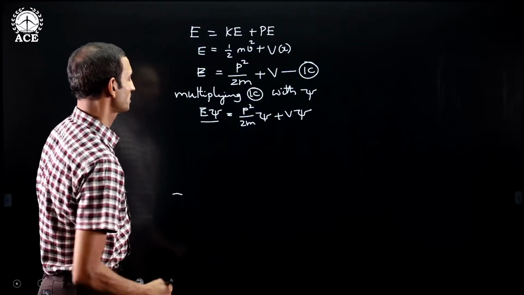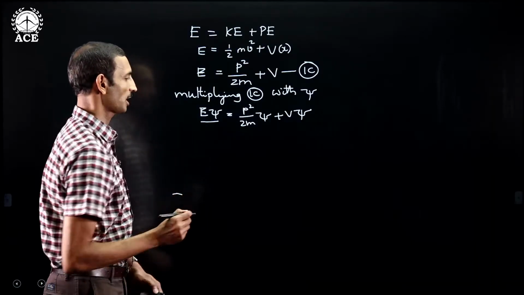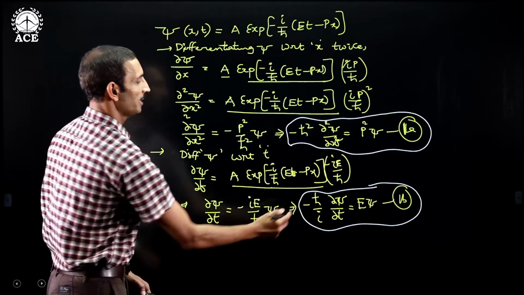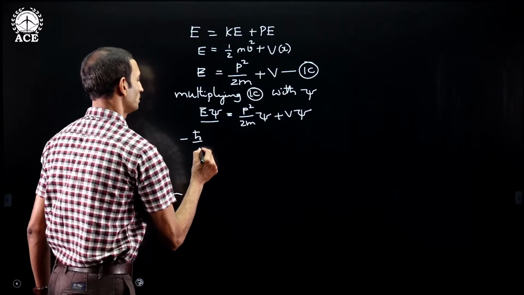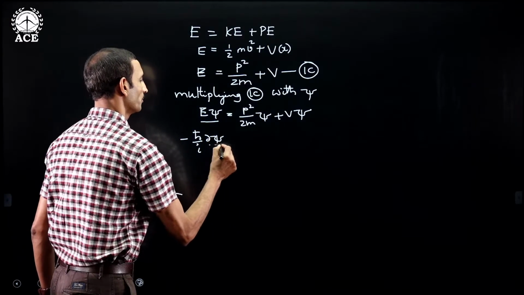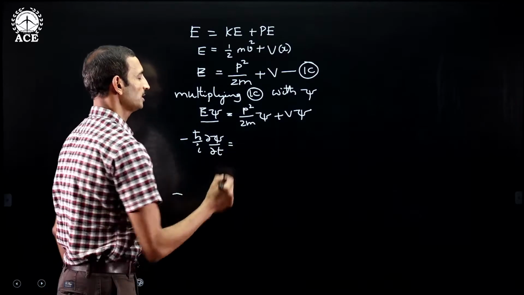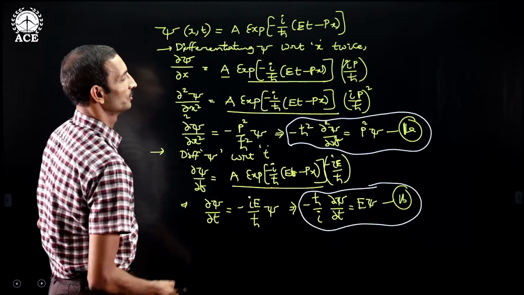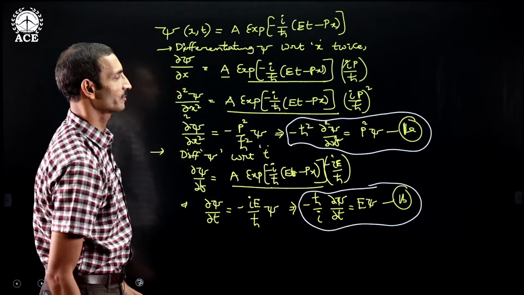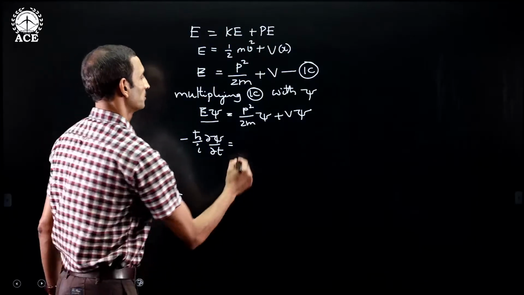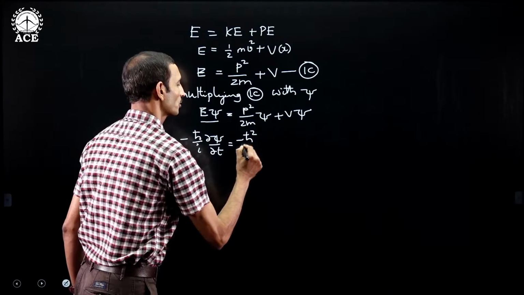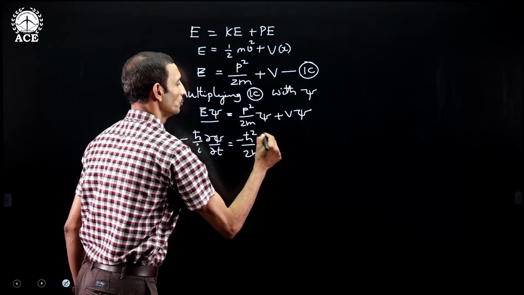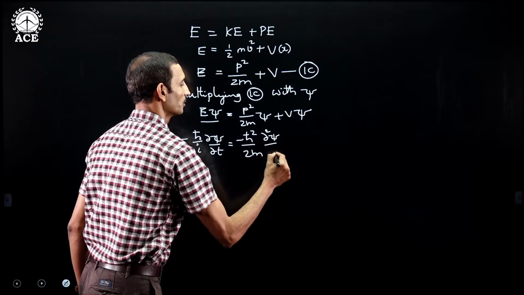Right. Now we would write E psi, which happens to be minus h cross by i dou psi by dou t, right? So that is minus h cross by i dou psi by dou t is equal to P square psi. So what is that one again? That is minus h cross square dou square psi by dou x square. Because there is 1 by 2m, automatically we are going to have minus h cross square by 2m into dou square psi by dou x square.